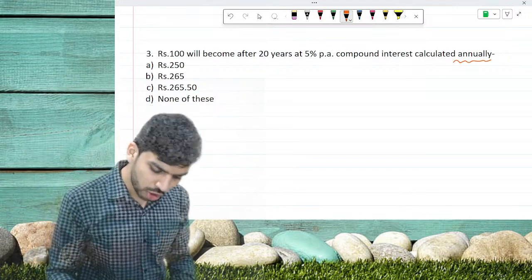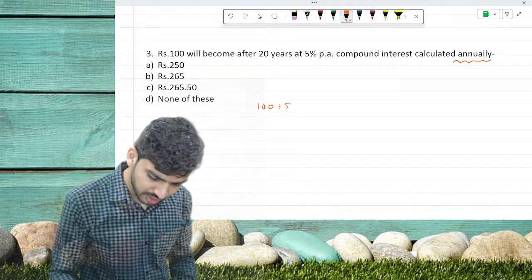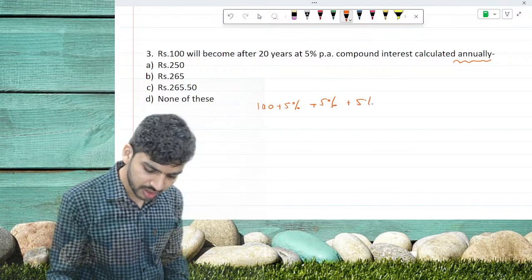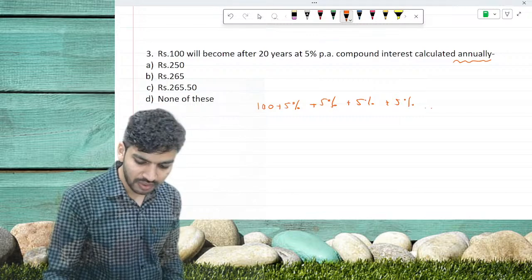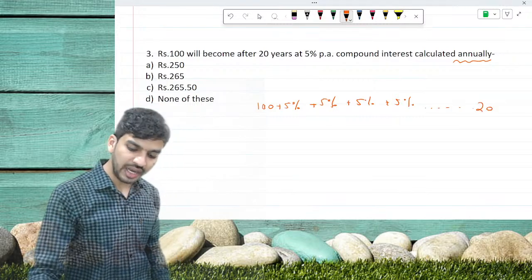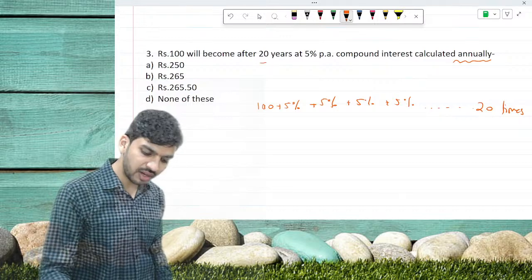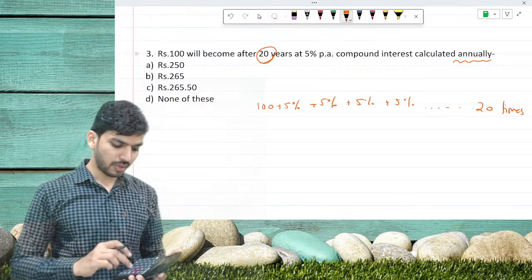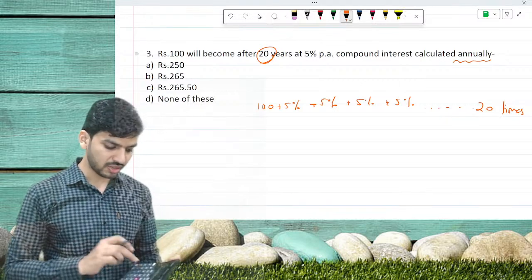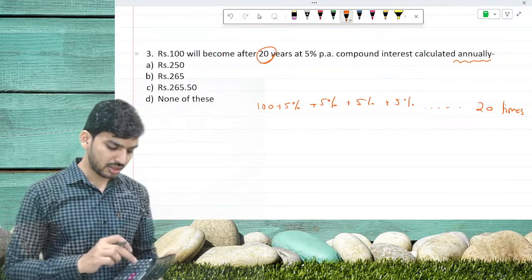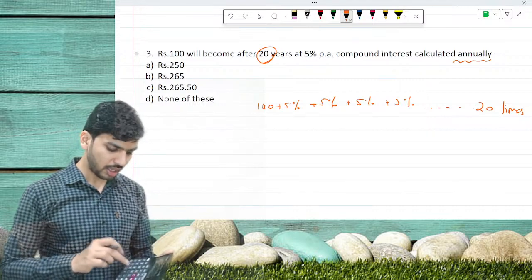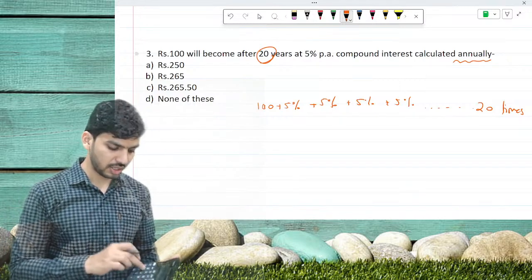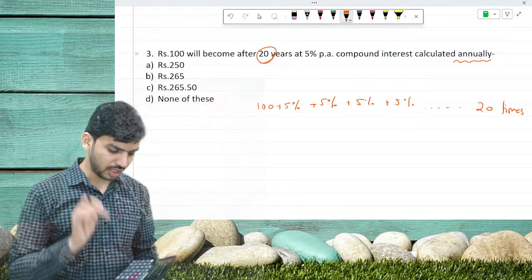So on your calculators, 100 plus 5% plus 5% plus 5%. We need to go on doing this 20 times, because they have given 20 years. So all of you do this. 100 plus 5%, 1, 2, 3, 4, 5, 6, 7, 8, 9, 10, 11, 12, 13, 14, 15, 16, 17, 18, 19, 20.